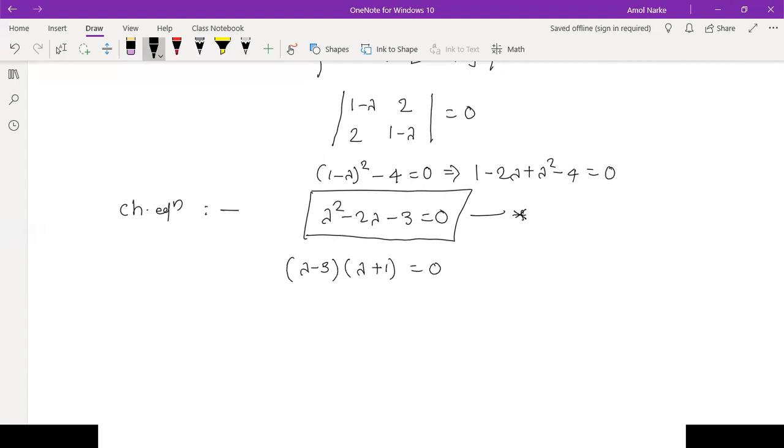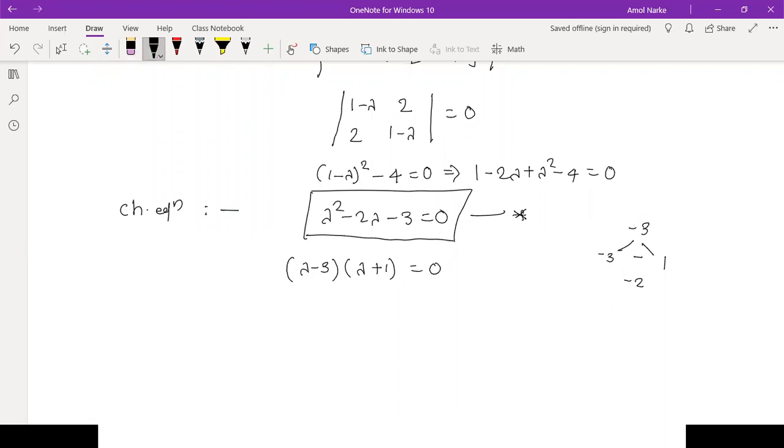The product needs to be -3, so you have to factorize such that their sum becomes -2. So you are getting -3 and 1. If I do the product of -3 and 1, you get -3 here, and if I do the addition, you get -2.